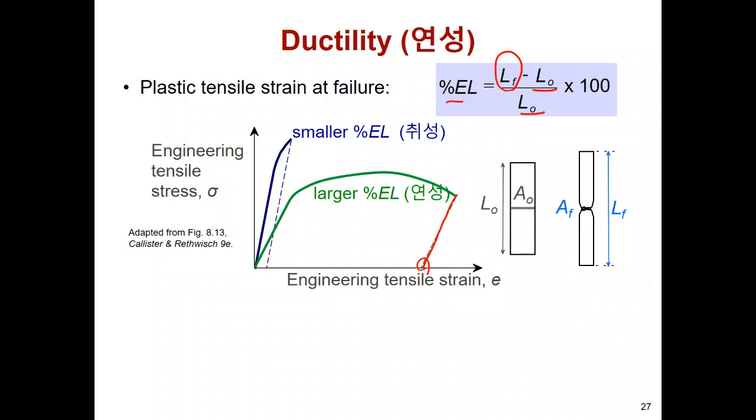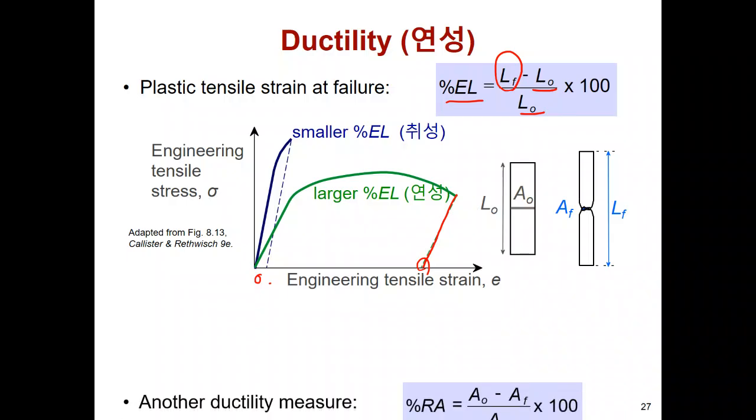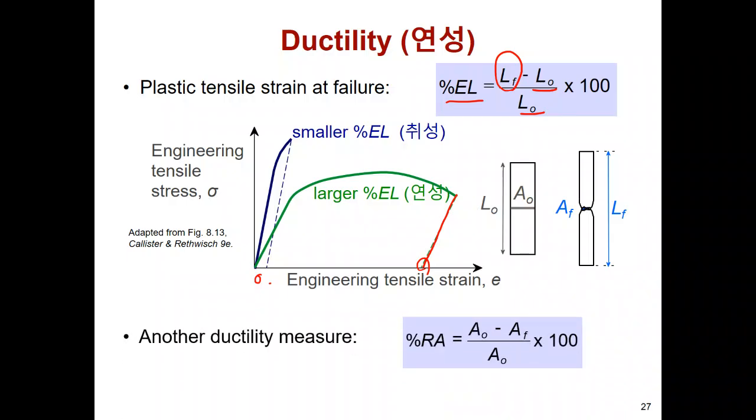That's the elongation. Some ceramic structures show a very small elongation, almost zero. But metals or some polymer materials can be stretched a lot, so they show very good ductility. Another ductility measure is defined by the cross-section area.